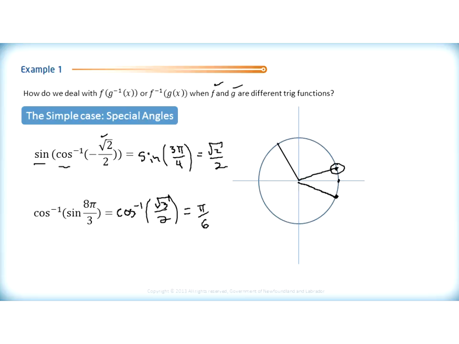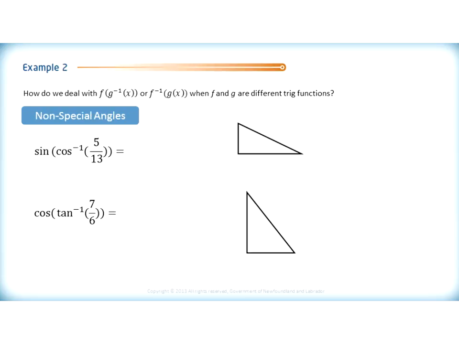Let's make it complicated. If I have to do this and I'm dealing with an angle that's not a special angle, well, first of all, unless I'm using a calculator, I can't do the version where the original function is on the inside and the inverse is on the outside. I can't do that one because it doesn't work. I've got to go this way, where only the inverse is on the inside.